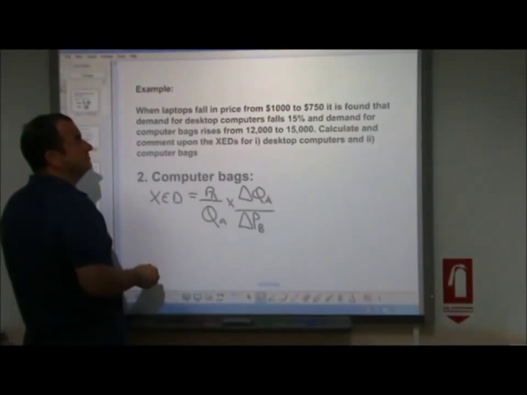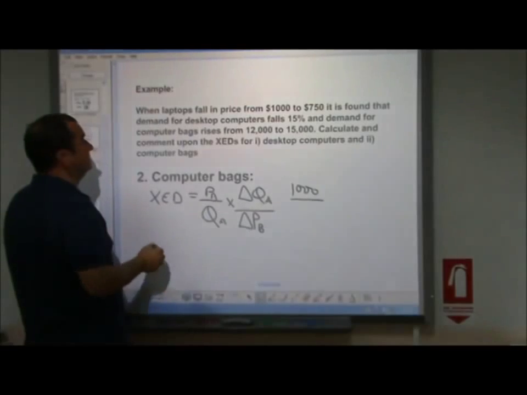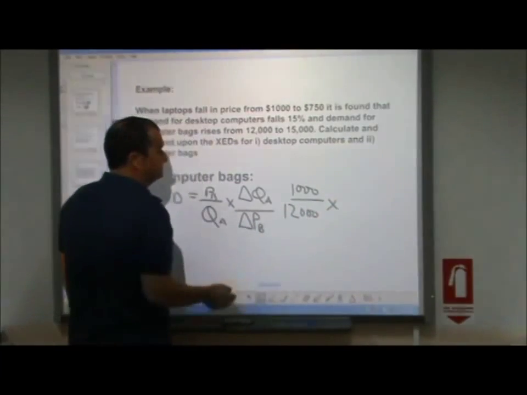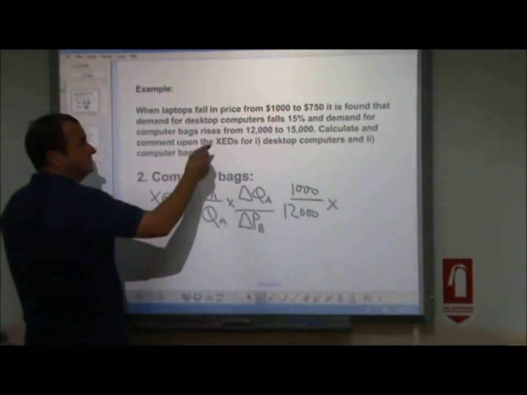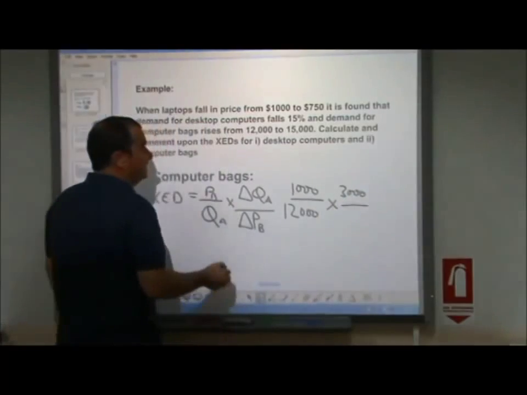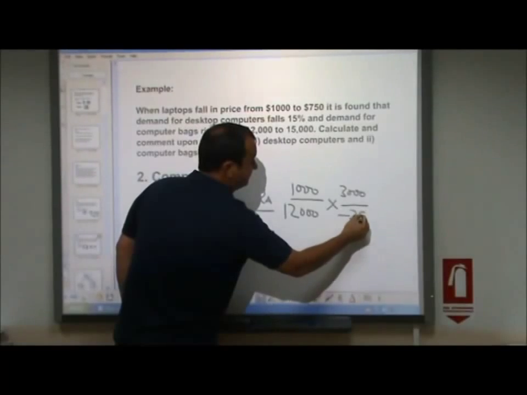The price originally was 1,000 over the quantity of computer bags being bought was 12,000 times the change in the quantity. That was a plus 3,000, so no negatives there. And the change in the price was a drop of 250.